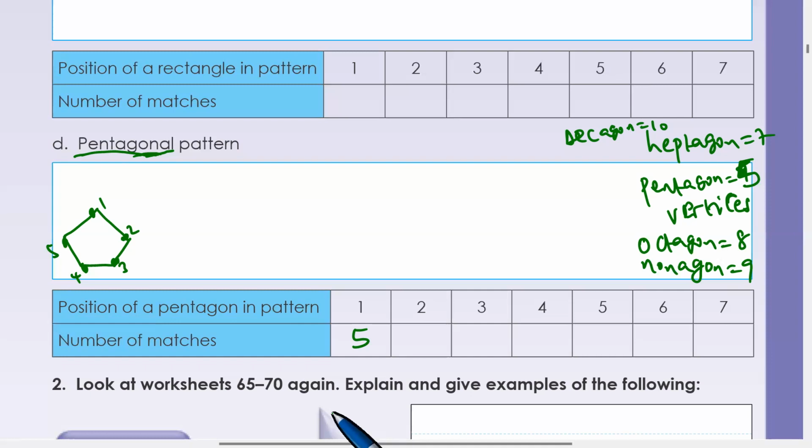Will there be 8? Okay, let's check what they're going to be. So you do the same: you grow these horizontally from any side.